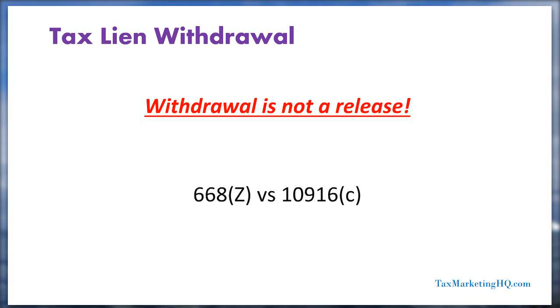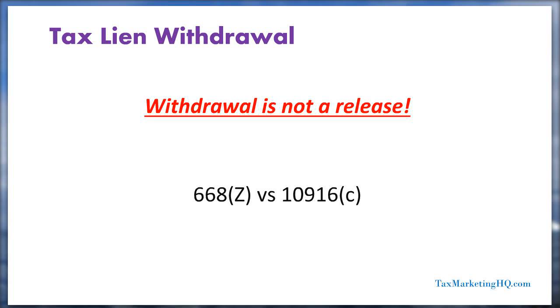That lien exists by statute regardless of whether or not the notice of federal tax lien, the 668Y, the paper lien, if you will, actually exists, is filed, is recorded with the county or the Secretary of State. The statutory lien exists regardless of the presence of the paper lien or not. The paper lien is the notification to the world about the statutory lien. Okay, so the process of lien withdrawal removes the paper lien, but it does not release the statutory lien.